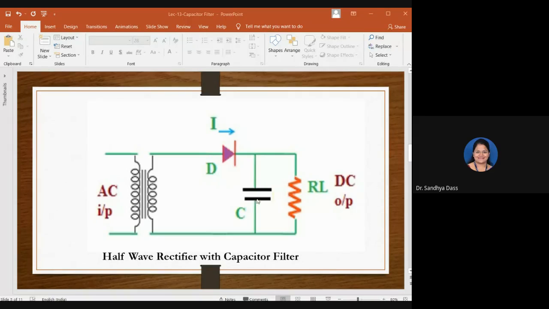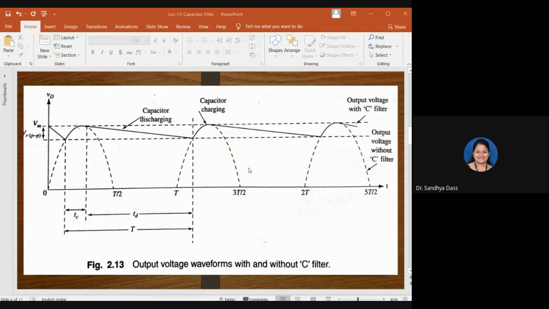So once the rectifier reaches the positive half cycle, the diode acquires forward bias and allows the flow of current to make the capacitor charge again. So this cycle repeats as shown in the waveform here.